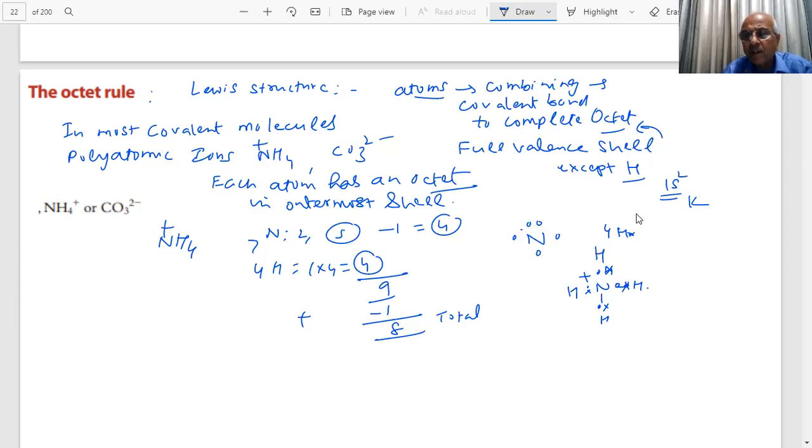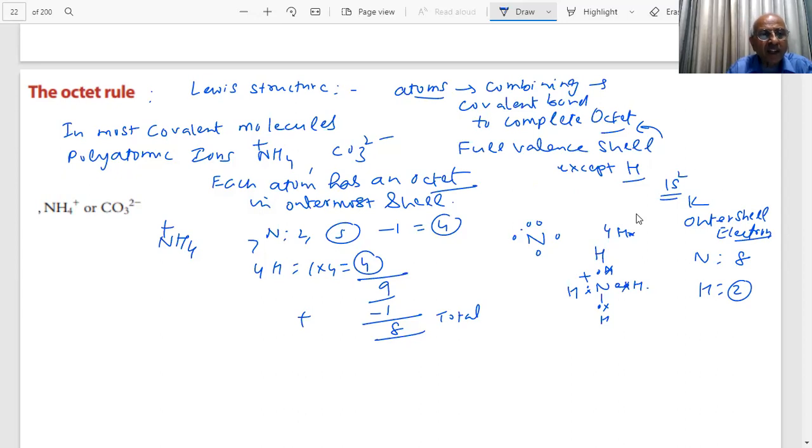Nitrogen has 8 electrons in the outer shell. How many electrons in the nitrogen now? 2, 4, 6 and 8. Hydrogen needs only 2 electrons to complete the valence shell. It is only 1s.